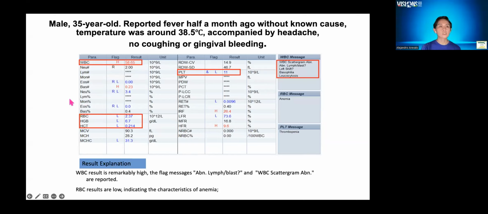For the next case, we are presented with a 35-year-old male presenting with fever and headache. So as you can see here, there's anemia, the platelet count is low, but the WBC is elevated at 58,000.